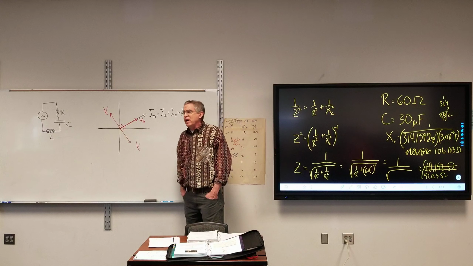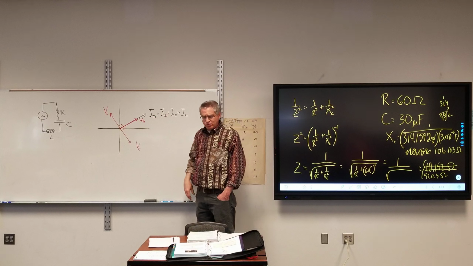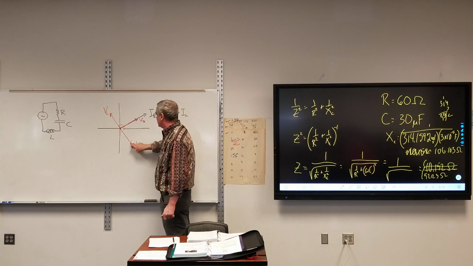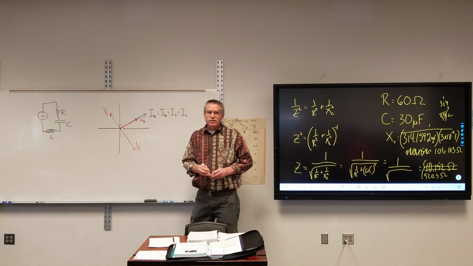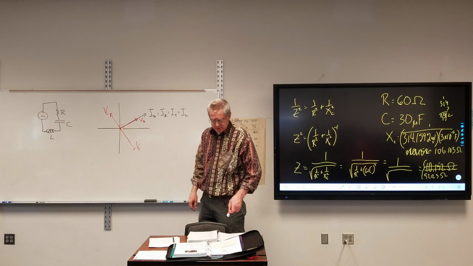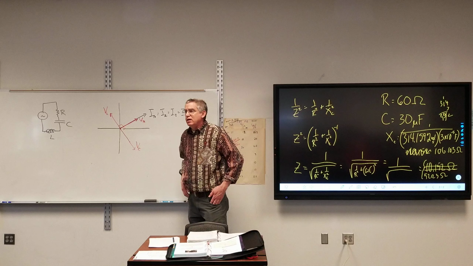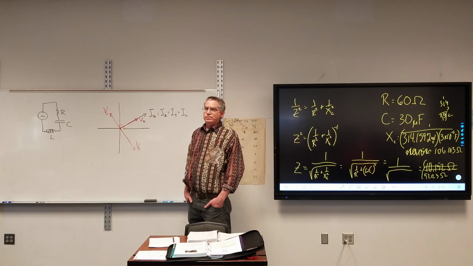Without more information, it's difficult to know which one's going to be longer, so let's just assume one of them is longer. So I'm just going to represent that by drawing a longer one. I don't know if that one's longer or not. It does not matter in terms of finding the impedance. Question, if they were the same length, would it just be VR? Yes, it would, in that case.